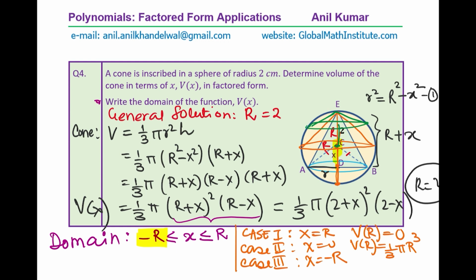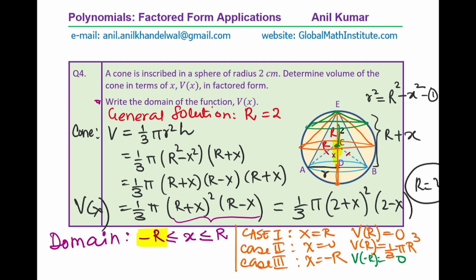So the negative distance is actually from the reference point of C. As you can see, as you go up, volume decreases. It becomes 0 when you are at E, and at that time x is negative r. You get the idea. So x is negative r. That means you are at point E itself. In that case, the volume is again equal to 0.